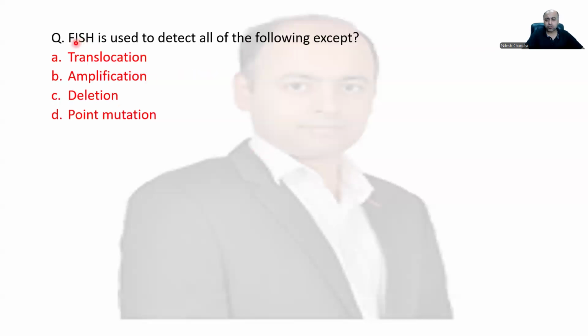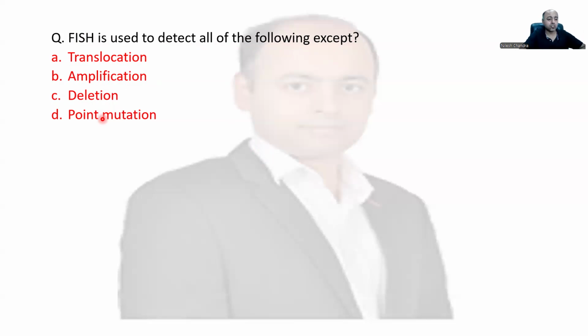Now we come to FISH. Fluorescent in situ hybridization is used to detect all of the following except: your options are translocation, amplification, deletion, and point mutation. See, FISH will be able to identify translocation, amplification, and deletion, which are bigger changes. Point mutation is difficult for FISH to identify where a single nucleotide has been changed because the rest of it will be intact.